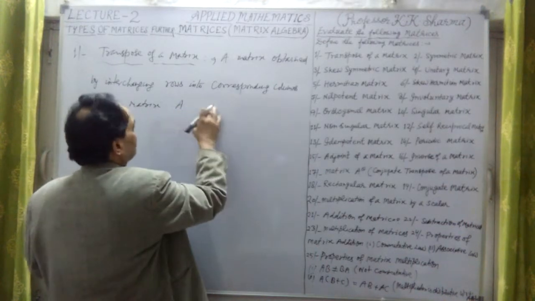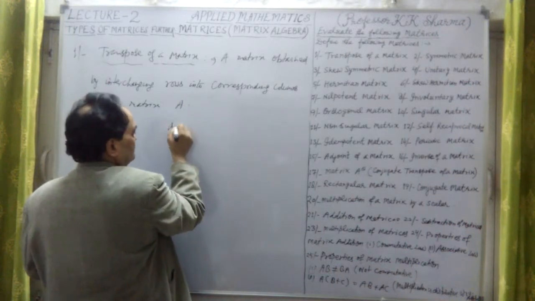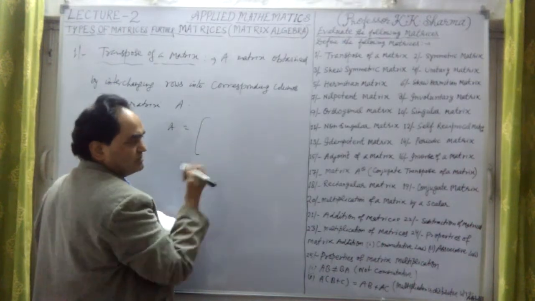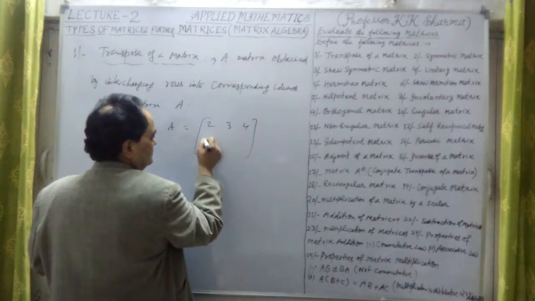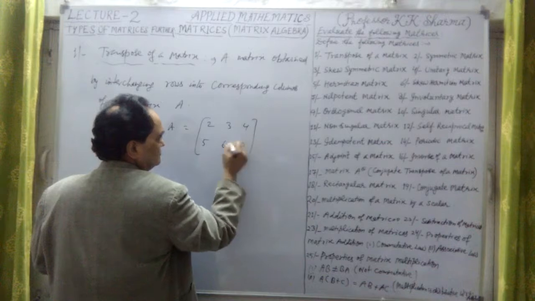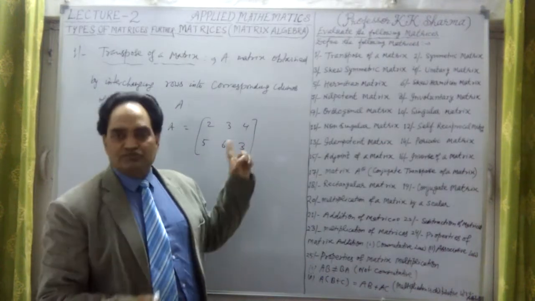So a matrix A, suppose, is a matrix of any order. Let me take 2, 3, 4 in the first row and 5, 6, 3 in the second row. This is a matrix A. Now, what is the transpose of this matrix?